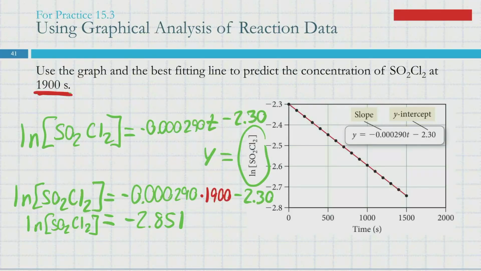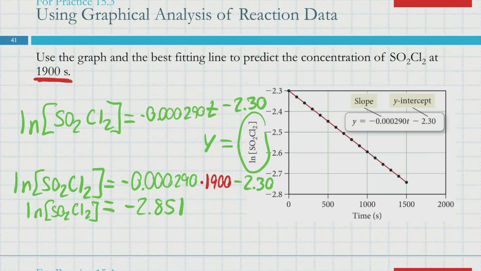Does anyone remember how to undo a natural log? Yeah, we do e to the power for both sides. So e raised to the power of the natural log of the concentration, those cancel out.